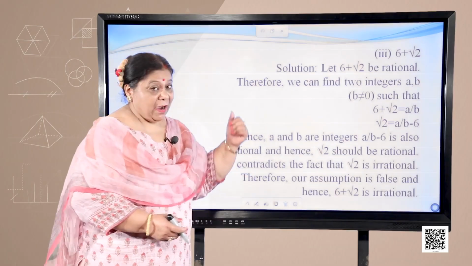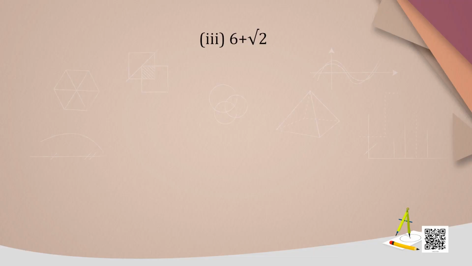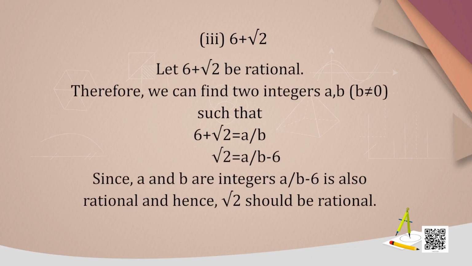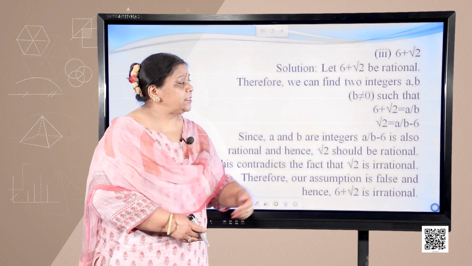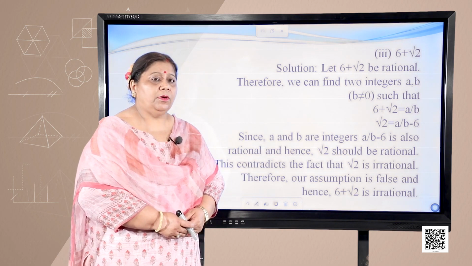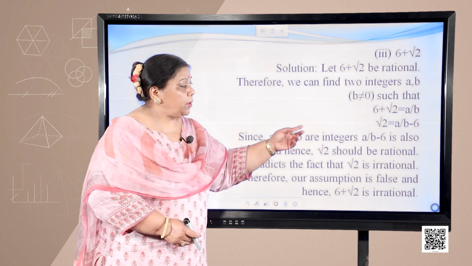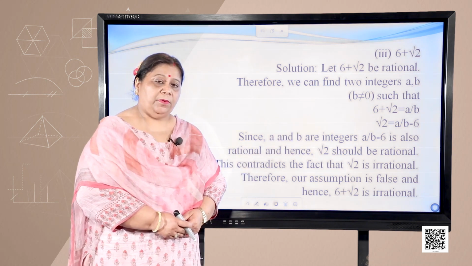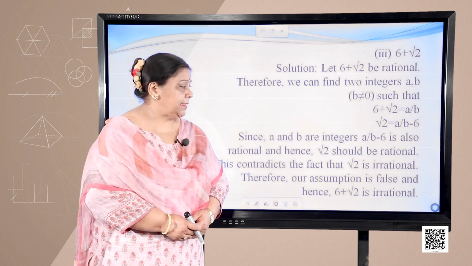Let us see the next part, 6 plus square root 2. Let 6 plus square root 2 be rational. Therefore, we can find two integers a and b, where b is not equal to 0, such that 6 plus square root 2 is equal to a upon b, or square root 2 is equal to a upon b minus 6.